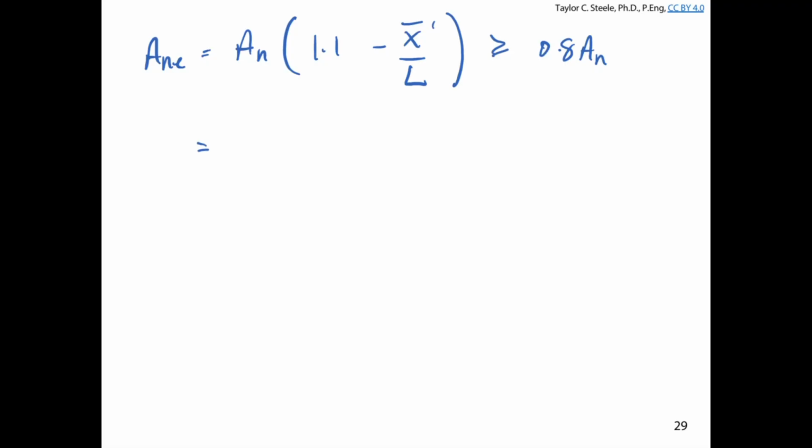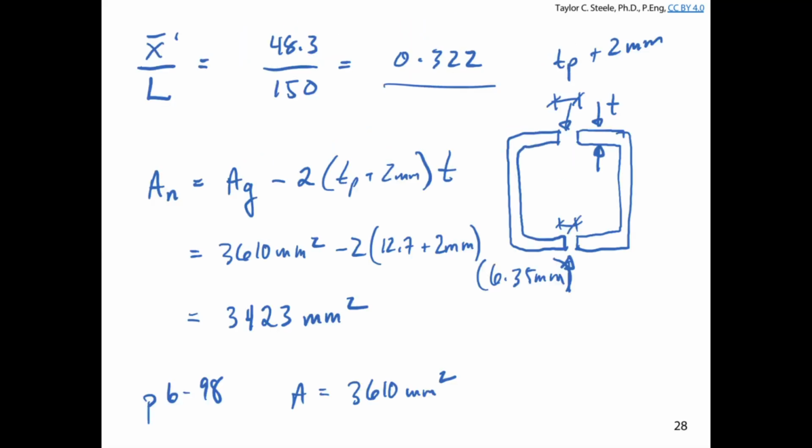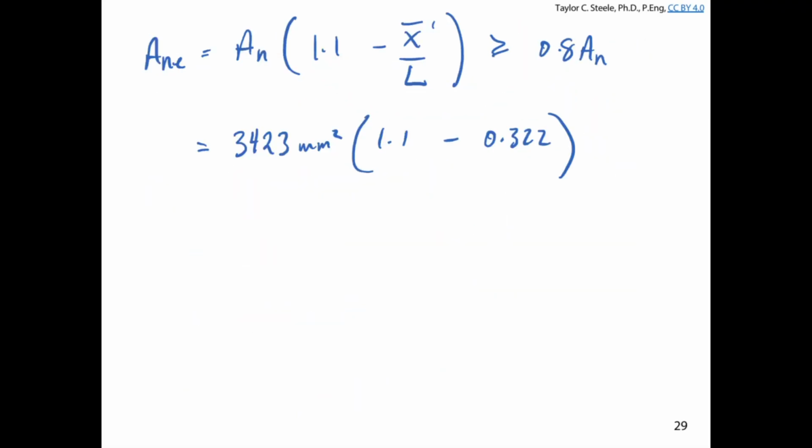So how we do this is we take the 3,423 millimeters squared, multiply by 1.1 minus 0.322. That was the x bar over L ratio. And when we do that calculation, we get a net effective area equal to 2,663 millimeters squared.